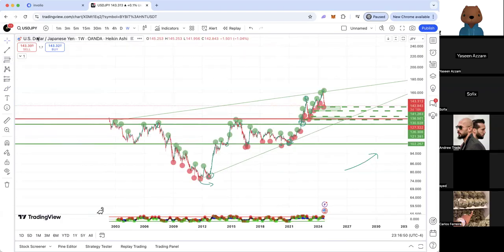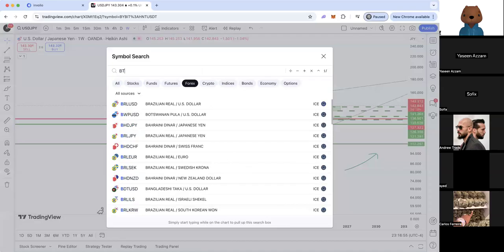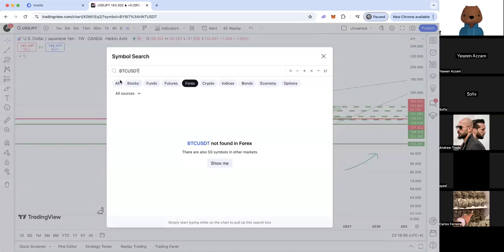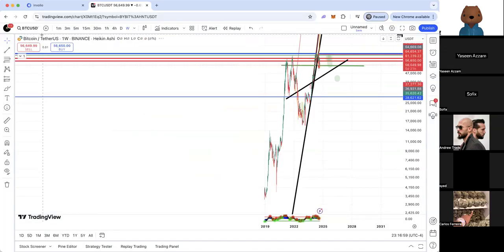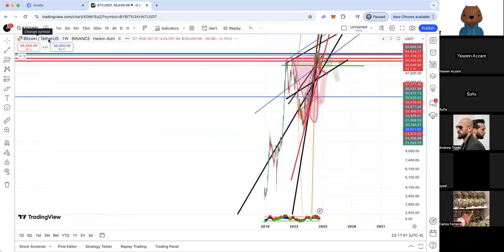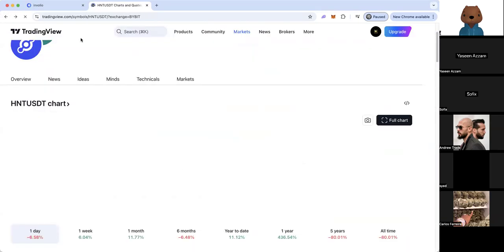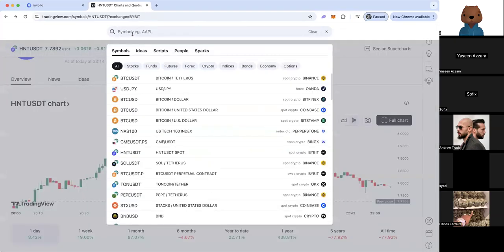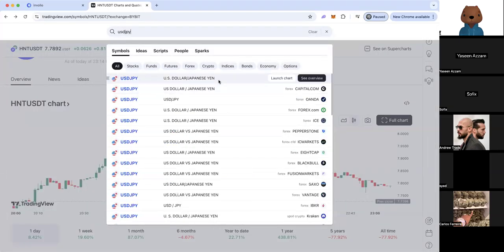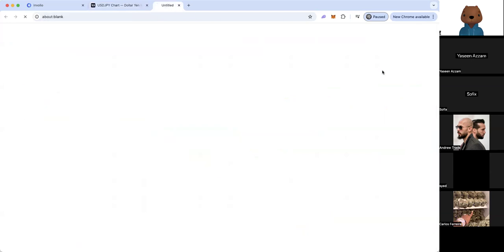You've got to look at the relativity between one and another. So when we look at BTC and USD, we are looking at the strength of Bitcoin against the US dollar: how much US dollar do you need to buy one Bitcoin? Here we're looking at how much you need in USD to buy a Japanese yen.